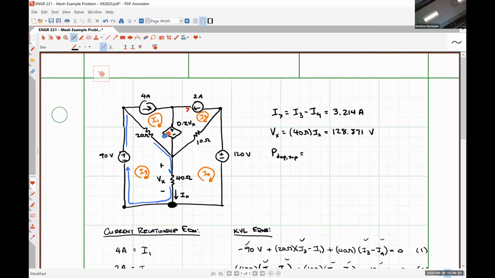But for right now, I can explain that apparent omission as follows. If we try to write a Kirchhoff voltage law equation around either mesh 1 or mesh 2, we would have to include the voltage drop over a current source, because there are current sources in each of those meshes.